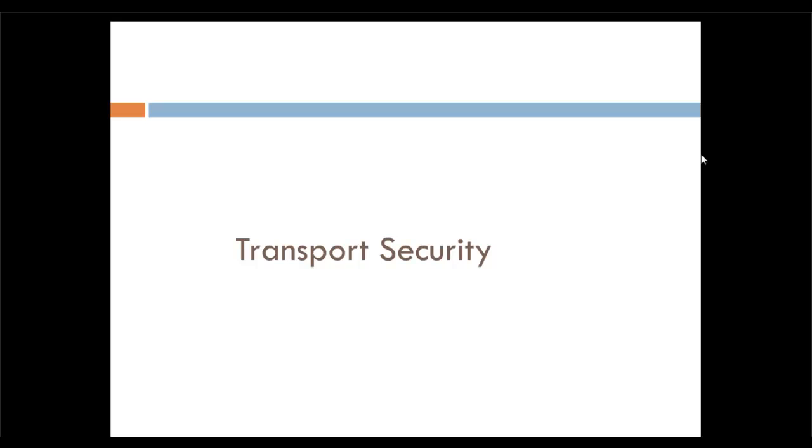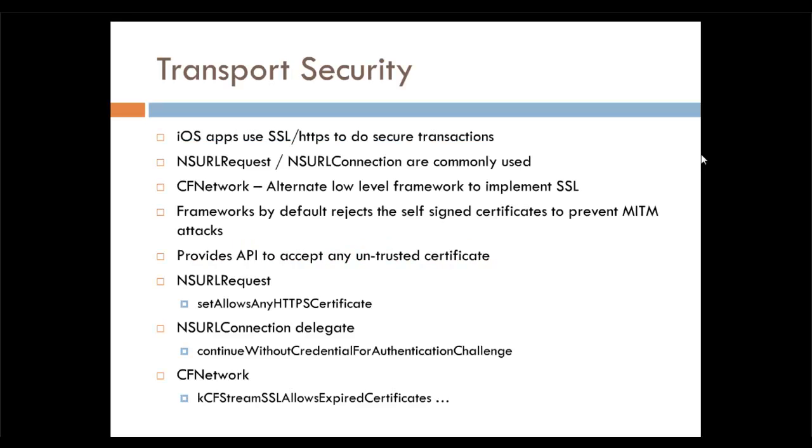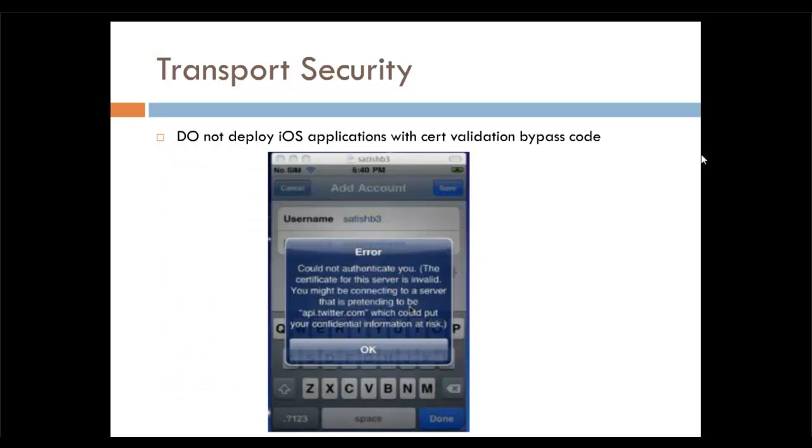iOS applications use HTTPS to do secure transport transactions. There are a couple of classes used to implement SSL, and they are all designed in a secure way so that they won't accept self-signed certificates, but they provide APIs which will make them accept untrusted certificates. So you can see the poster right there: don't ignore them.